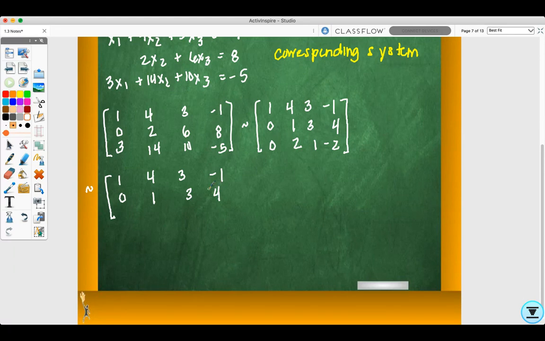And I'm taking -2 times row 2 and adding it to row 3. My next step, I'm going to take -1/5 of row 3 to eliminate that -5 to get 1, so I'll have a solution for that row.